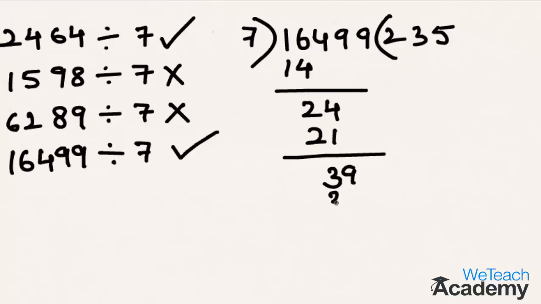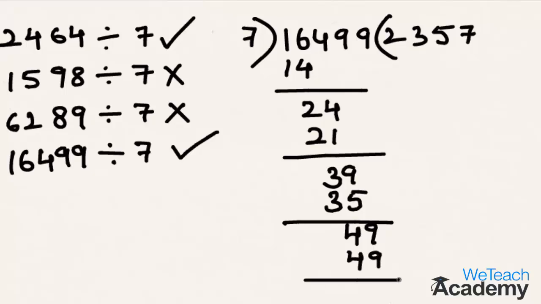Now 7 5 times is 35, and the difference over here is 4. Bringing down the next digit 9, it is 49, and now 7 7 times is 49. The difference 49 minus 49 is 0. So the given number is exactly divisible by 7.